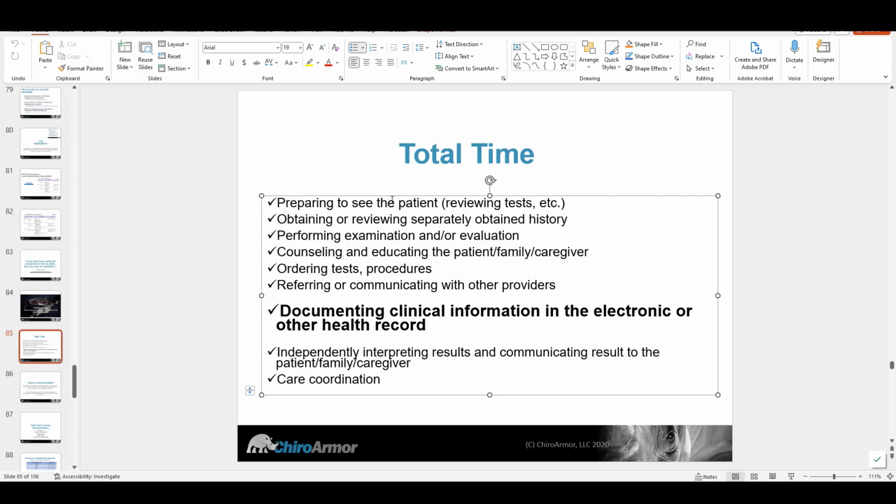All of the time that it takes to do this by the provider can be totaled as the total time to go towards that coding for the evaluation management service.